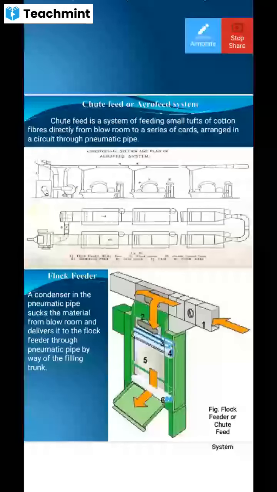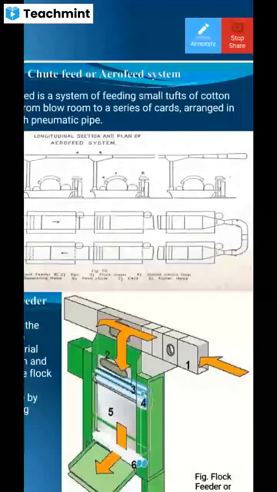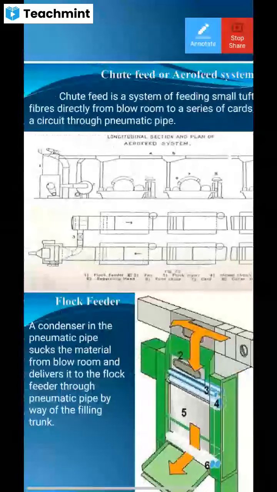Chute feed is a system of feeding small tufts of cotton fibers directly from the blow room through a series of cards arranged in a circuit through the pneumatic pipeline. So, in this line diagram, you see the blow room machineries, and after the blow room the pneumatic pipelines are connected with the series of cards. Series of cards means 7 to 10 cards.